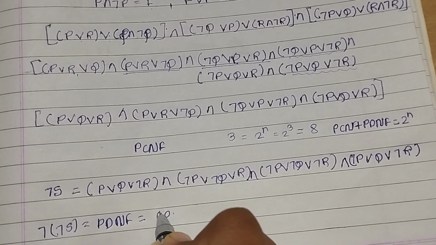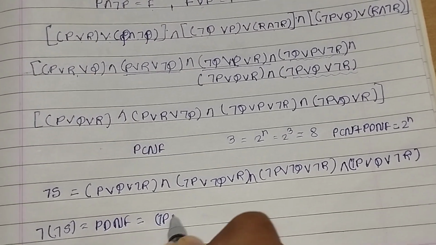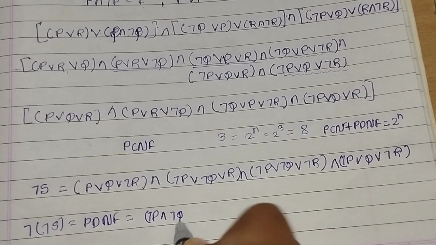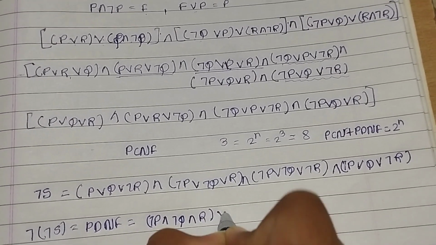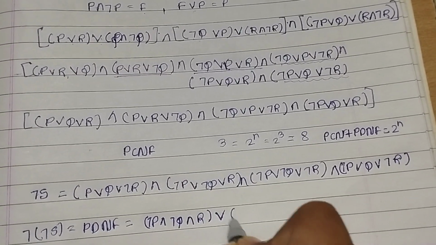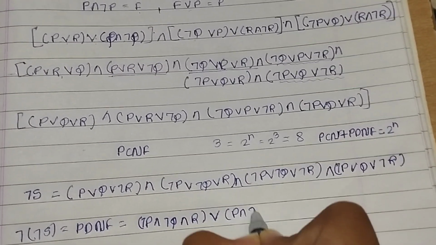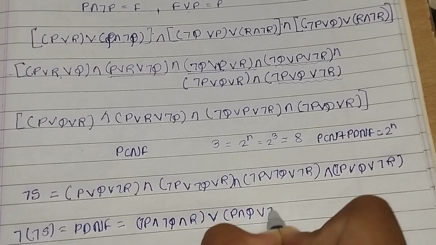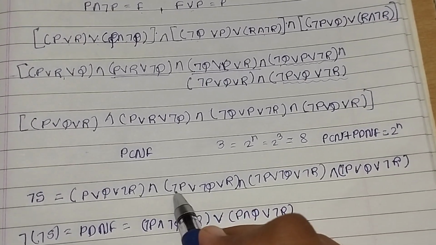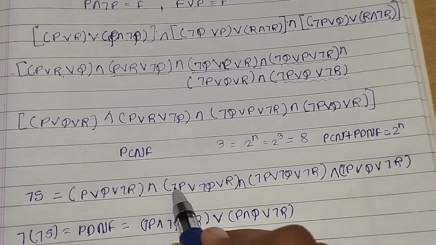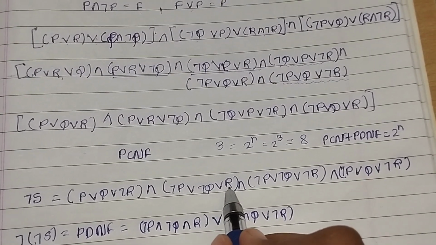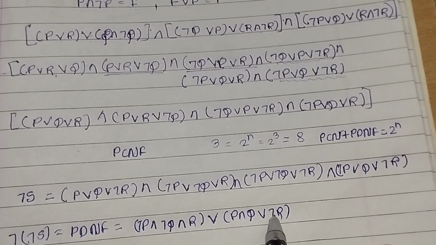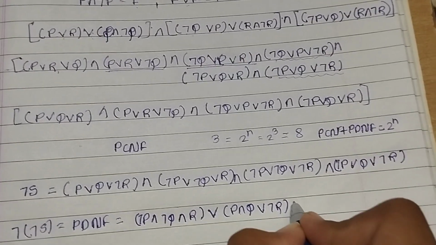So now the PDNF is negation P and negation Q and R, or P and Q and negation R, because the negation gets cancelled and converted into AND, where only the variable is present, so that's why negation is written here.